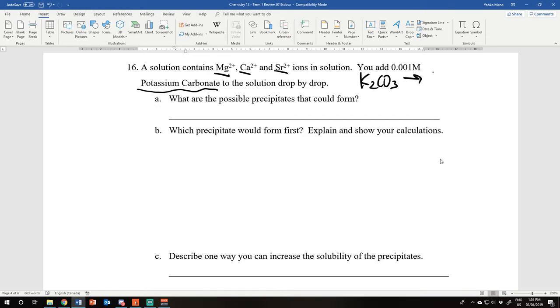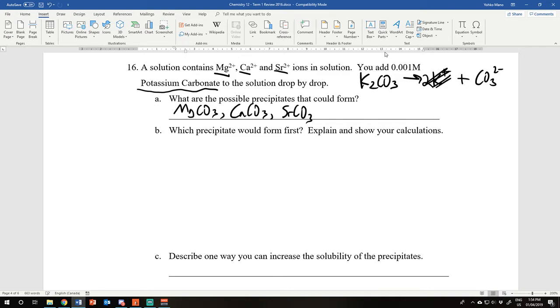Potassium carbonate will turn into potassium ions and carbonate ions. Now the positive ions won't ever react with other positive ions, so we don't have to worry about that. So all we have to do is check which of these following combinations, magnesium carbonate, calcium carbonate, and strontium carbonate, are actually low soluble compounds?